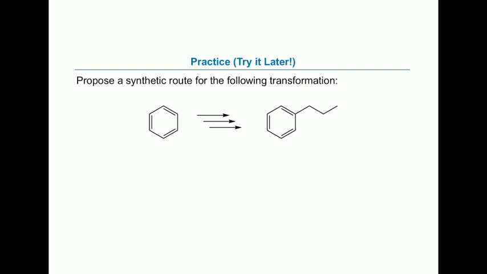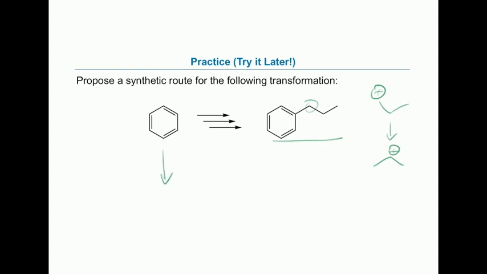So if we had to make this, if this was our target, as we discussed before, this linear one, whenever you see a primary center like this, it is not from Friedel-Crafts alkylation, because the primary carbocation that we would need would rapidly isomerize to a secondary. So we couldn't generate this.